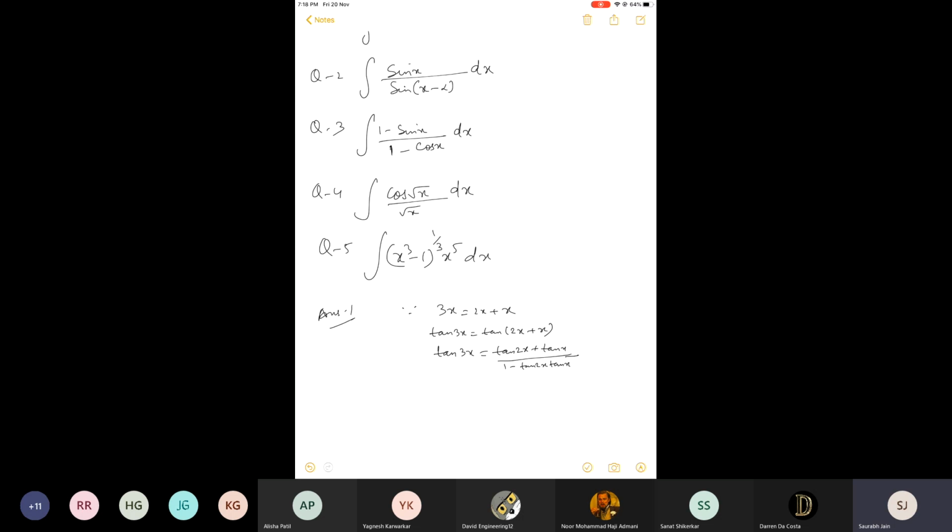Now let us cross multiply. With tan 3x we will multiply 1 minus tan 2x tan x, and here it is tan 2x plus tan x. This becomes tan 3x minus tan 3x tan 2x tan x. On the right hand side it is tan 2x plus tan x.